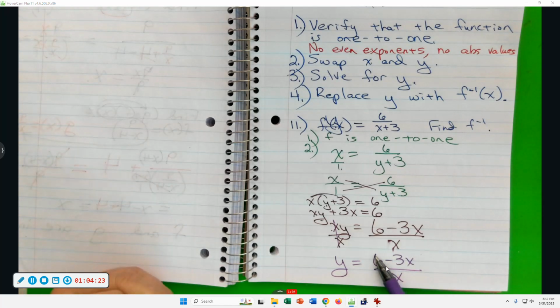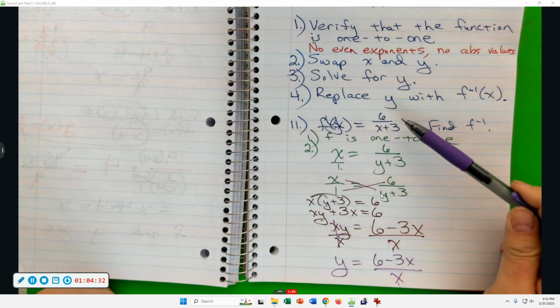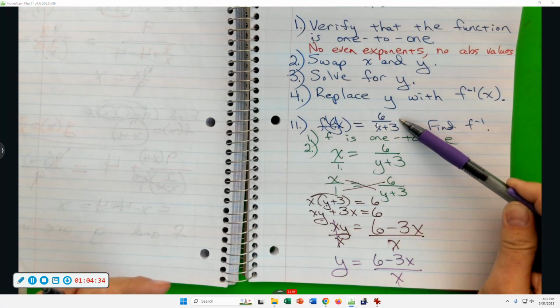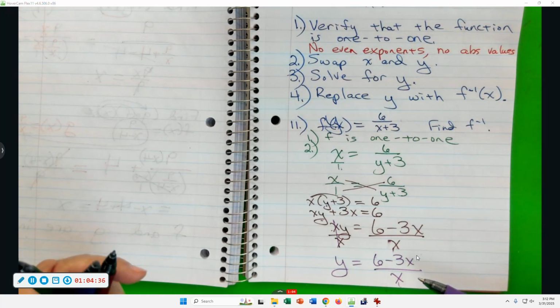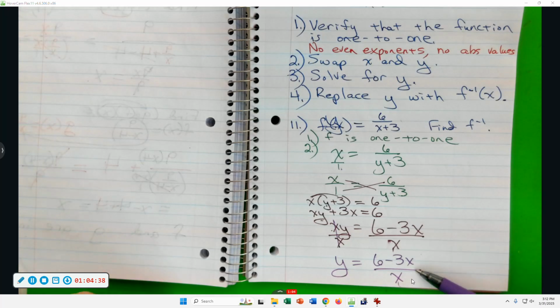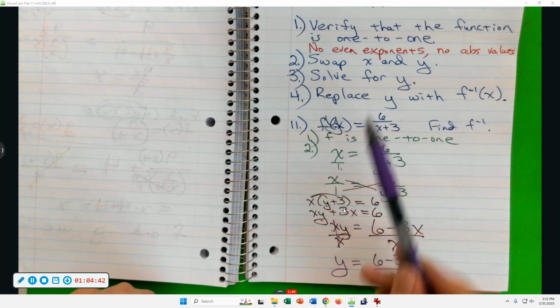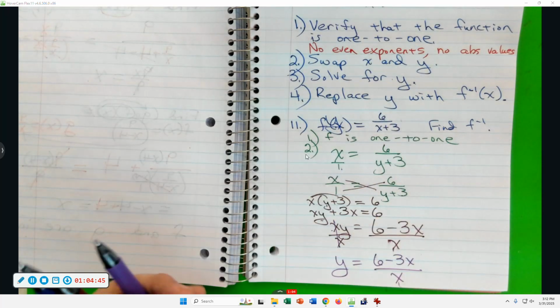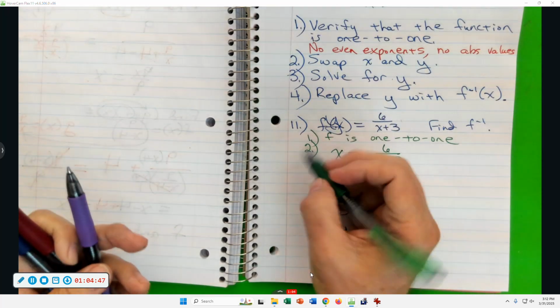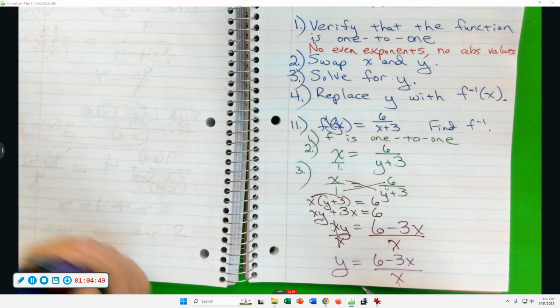What you could do is split it up, 6 over x, and then cancel the x's to get a minus 3, but I prefer, if my original function is written as a single fraction, I prefer the inverse to be written as a single fraction. I'm going to stop right here. We've just completed step 3. All of this was step 3, going through solving for y.